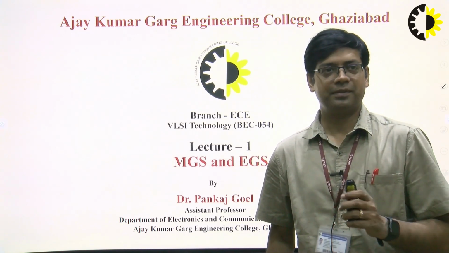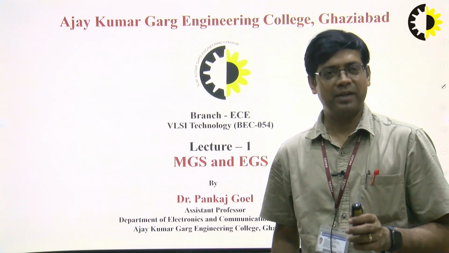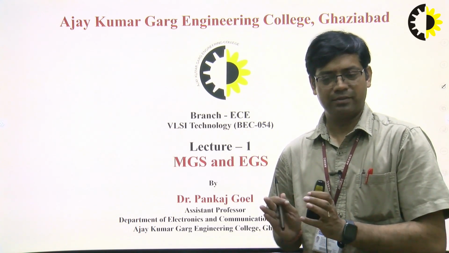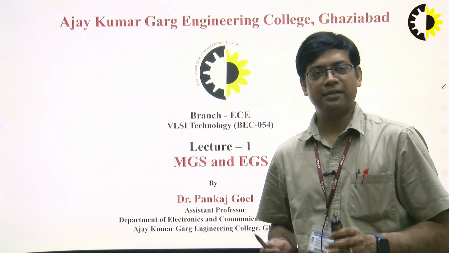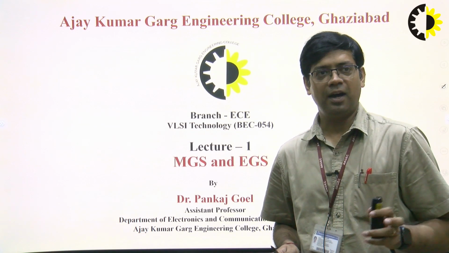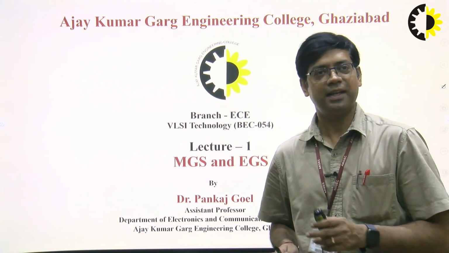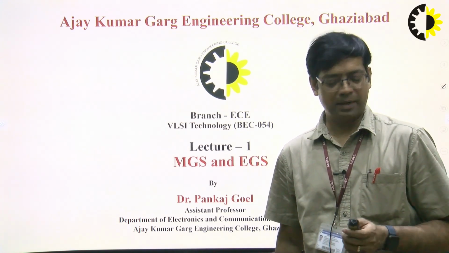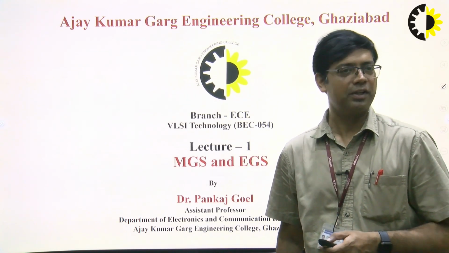Now, we have two steps that are involved to prepare a silicon crystal wafer from the raw silicon material. These two steps are abbreviated here as MGS and EGS. The MGS stands for metallurgical grade silicon and EGS stands for electronic grade silicon.